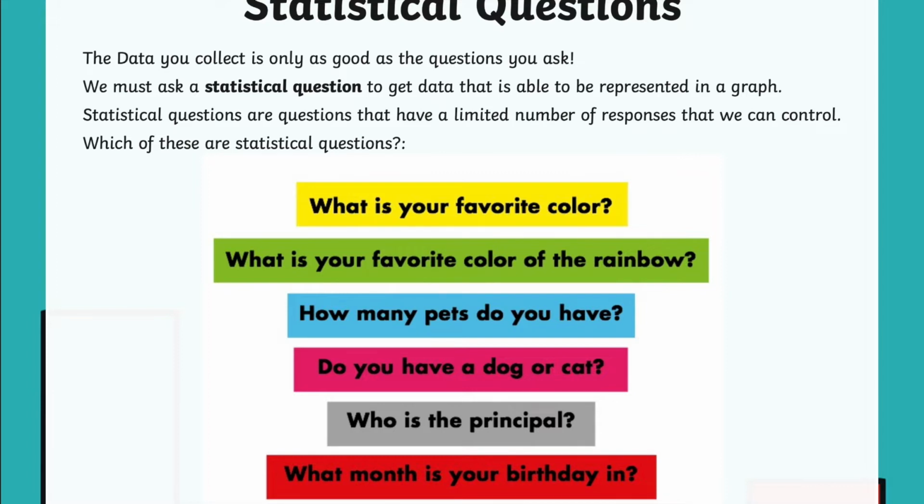I won't be able to display that visually. There'll be too much information. Now, I also don't want to ask a question that only has one response, because that's not enough information to be able to display visually.